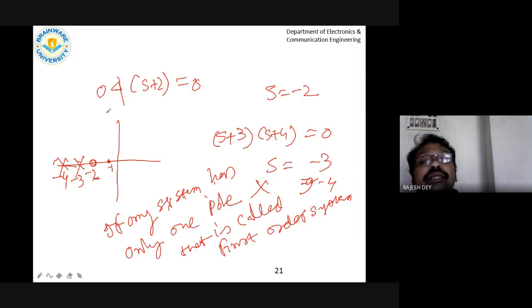When a system has two poles, that is the second order system. When the system has no pole, that is the zero order system. So the pole is the essential part.